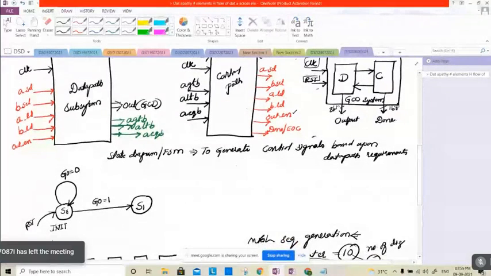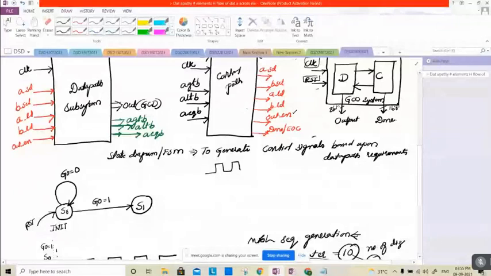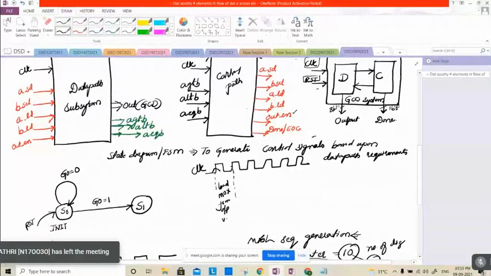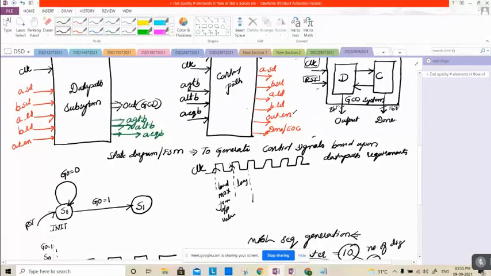So the control signals are being generated with respect to the clock, based on the clock signal. Based on this clock signal, I have to generate the control signals. So whenever I am giving the first positive edge, load multiplexers from output values. Whenever I am entering the second clock pulse, load register A, register B. Whenever I am at the third clock, some other function: function 1, function 2, function 3, in this way these things should happen.